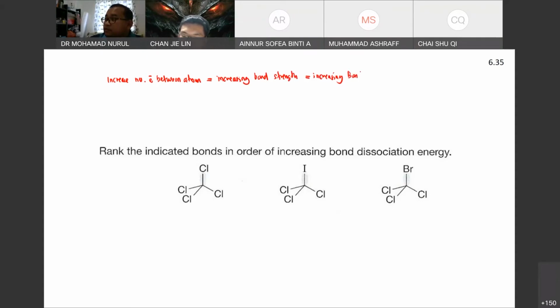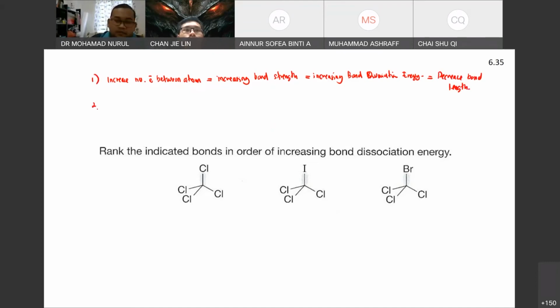Bond dissociation energy will decrease with bond length. Okay, so this is the first one.